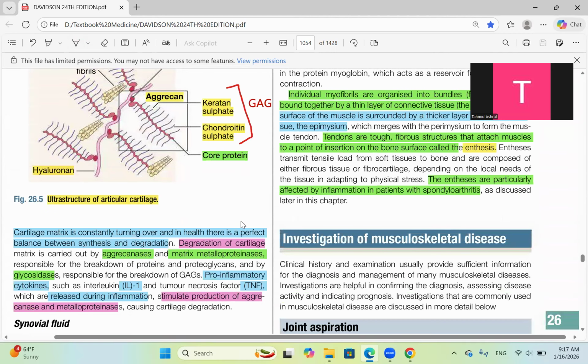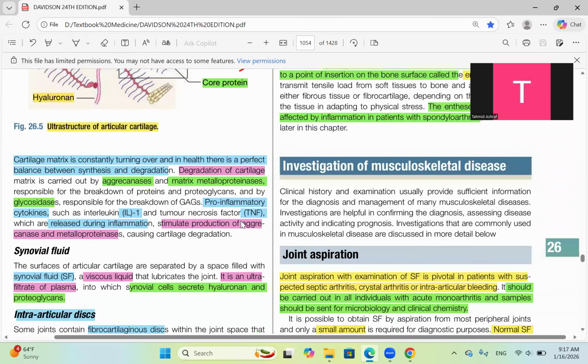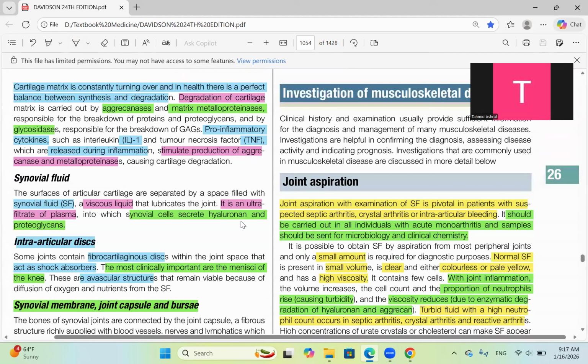So we are clear about the ultrastructure of articular cartilage. The cartilage matrix is constantly turning over, and in health there is a perfect balance between synthesis and degradation. Degradation of cartilage matrix is carried out by aggrecanases, which are enzymes. We know that the matrix of the articular cartilage consists mainly of proteoglycans, and the main proteoglycan is aggrecan.